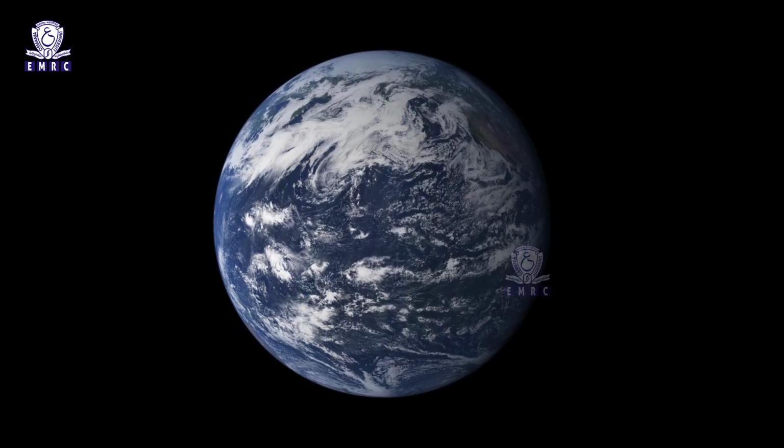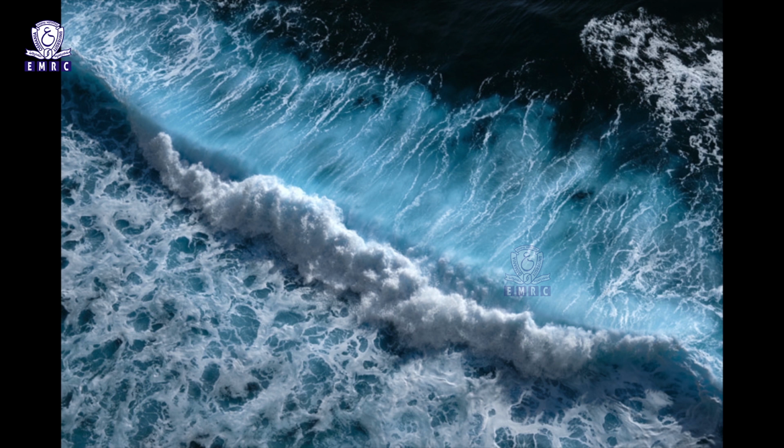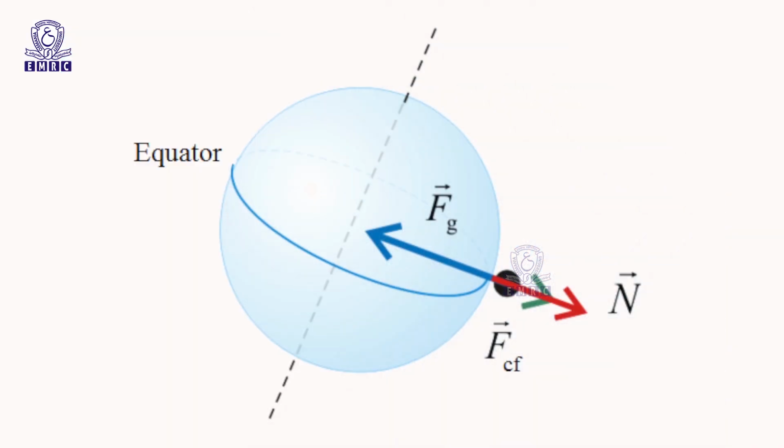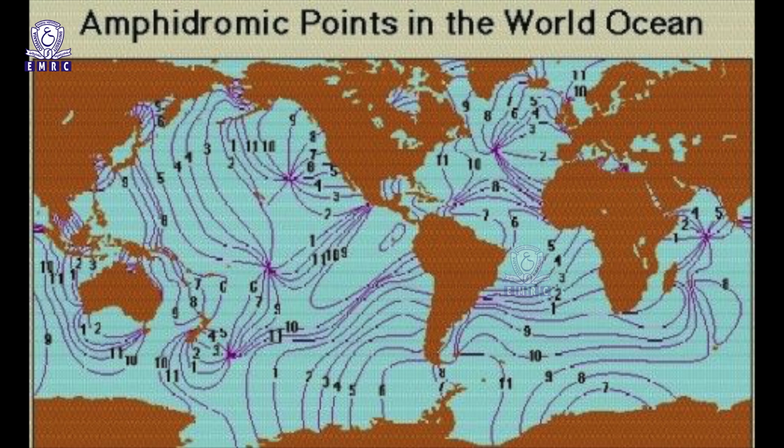Based on the above analogy, different oceans of the earth are like giant water containing trays. The tidal forces of the sun and the moon cause oscillations in the ocean waters, but the oscillations do not occur along straight lines as in the case of the tray. Rather, they occur around a central point because of the rotational force of the earth. With the result, several amphidromic points are generated.